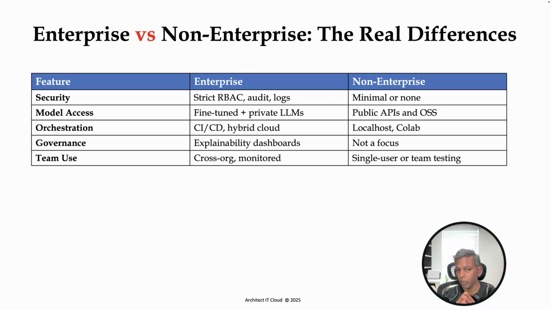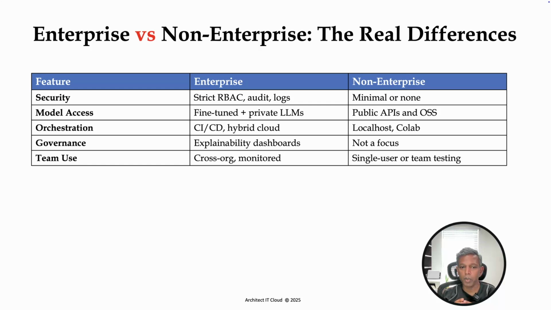That's the reason people running large businesses are focusing on adopting enterprise agents, not non-enterprise agents. With non-enterprise agents, governance is not a focus. They are not going to focus on governance because it's a costly and very complex feature. So you cannot expect anything related to governance in the non-enterprise agent framework.